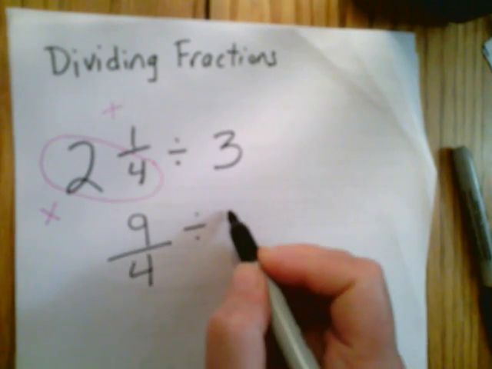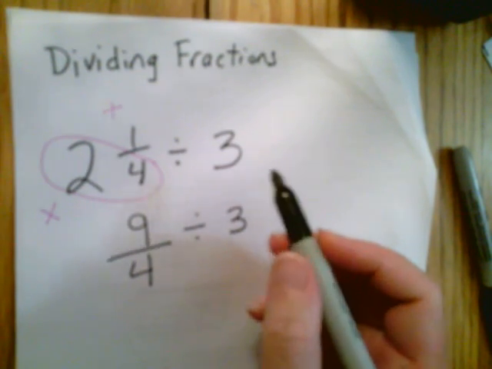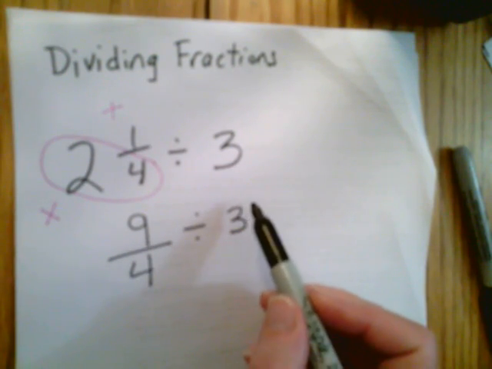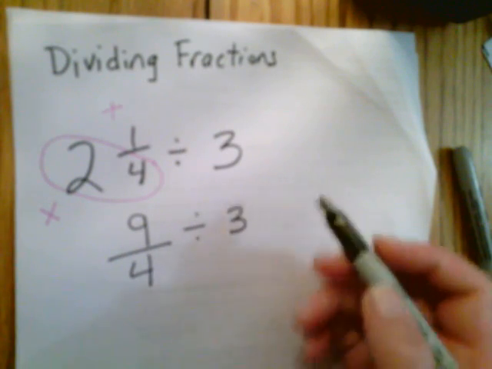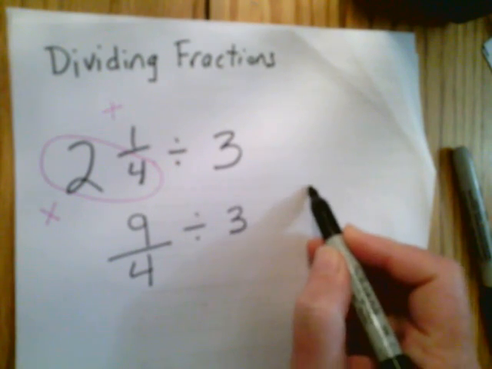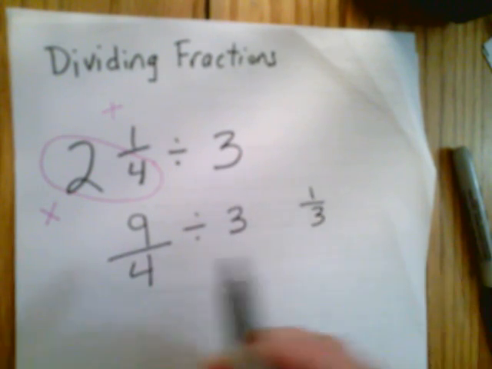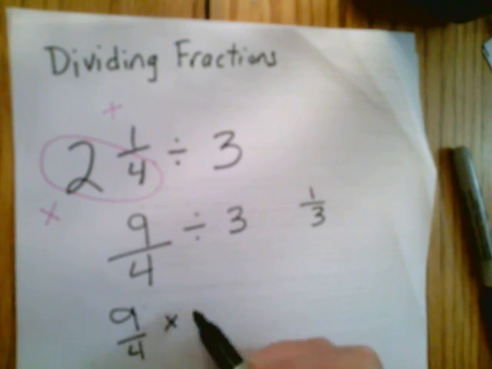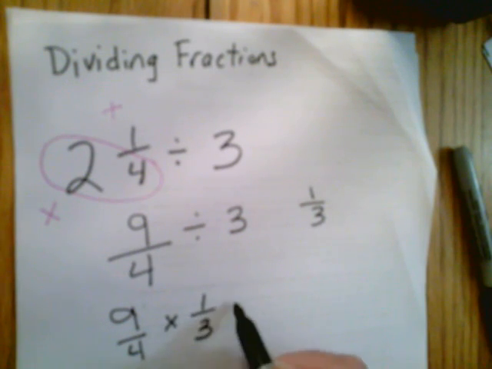Divided by 3. And remembering when we're dividing, we're going to multiply by the reciprocal. So the reciprocal of 3 is 1 over 3. We rewrite the problem as 9/4 times 1 over 3.